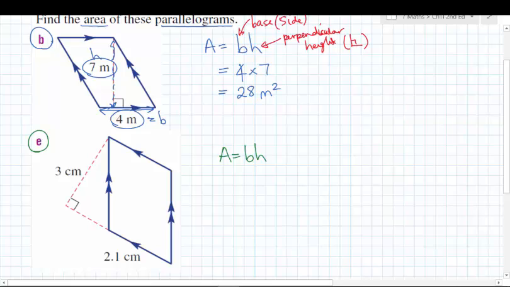So when we have a look here, this here is my base, which is 2.1, because that's the length of one of these sides. I then want, if I continue this side through, something that's perpendicular to that, which is this here, and that length is perpendicular, and that's 3, giving me my height between my sides here.